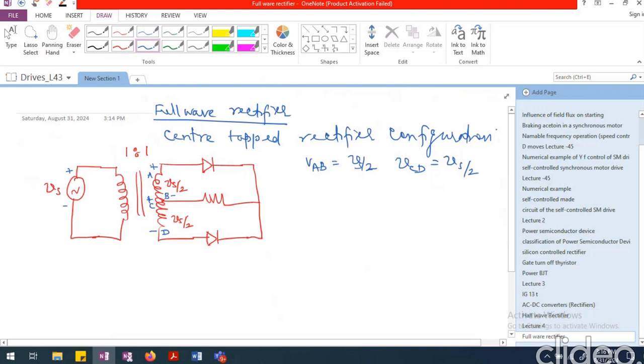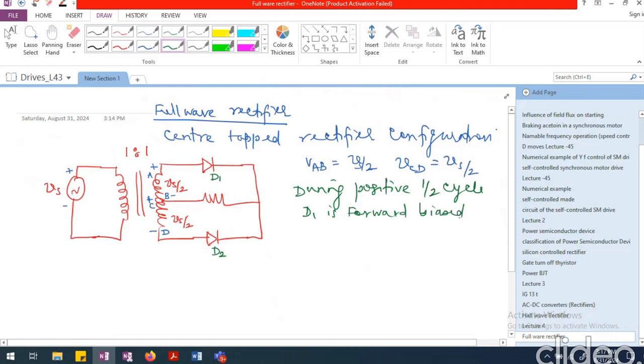Now, during the positive half cycle, because this is plus, if I call this D1 and this D2, D1 is going to be forward biased, so that will be conducting.